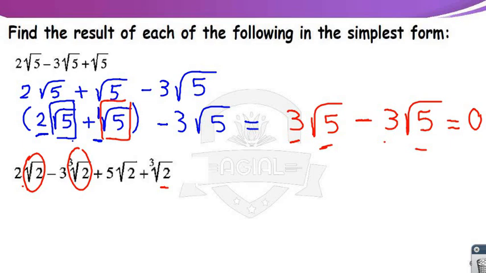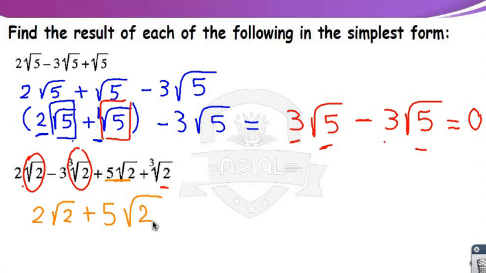We will use the property of addition of real numbers. Here we have square root of 2, so we put 2 square root of 2 plus 5 square root of 2.